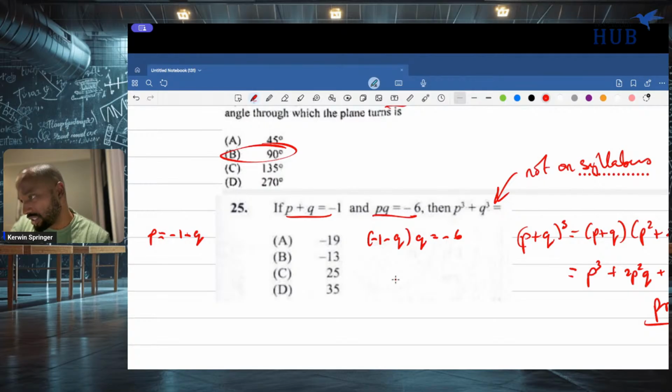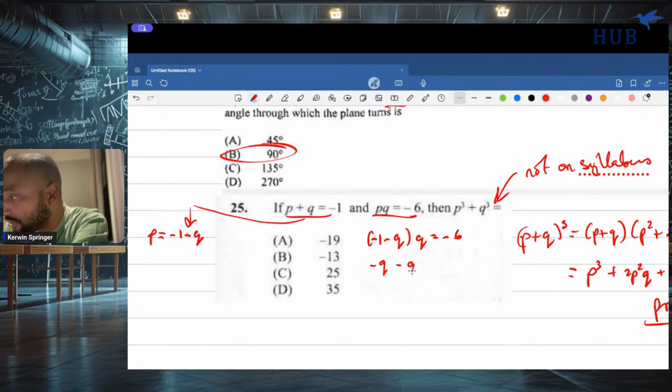Just going to get my quadratic. P plus Q is equal to -1, so P is equal to -1 minus Q. So PQ, am I substituting for P? Yes, -1 minus Q. So I'll get -Q minus Q squared.